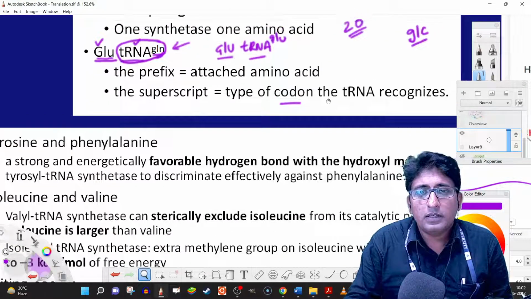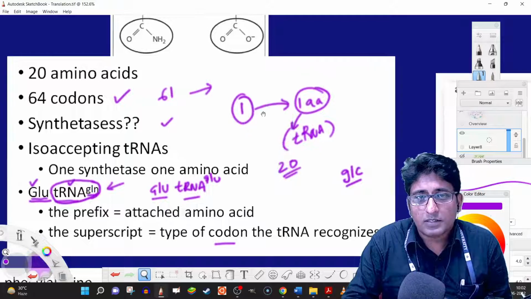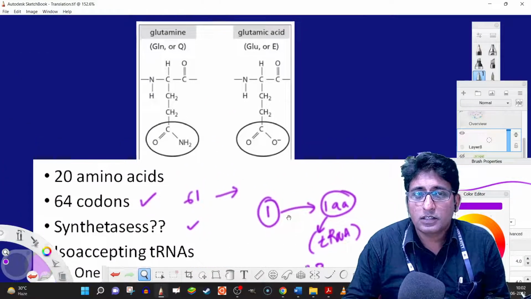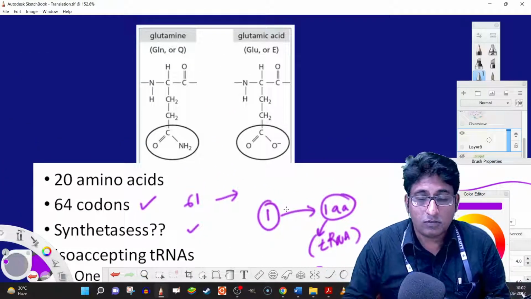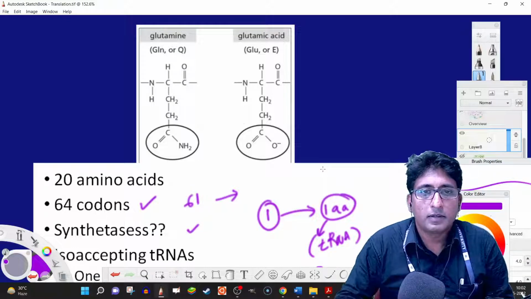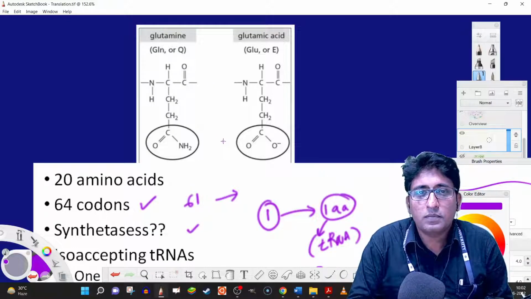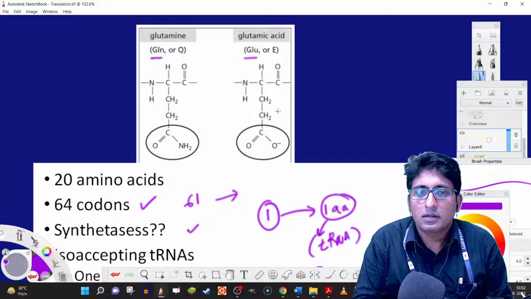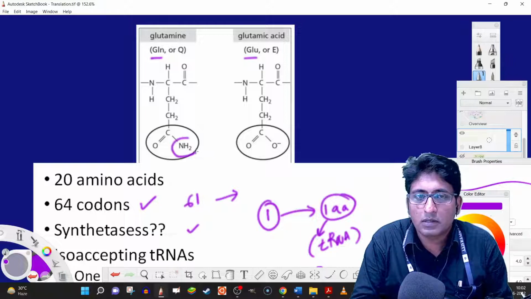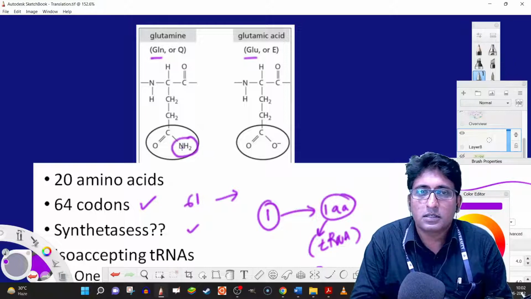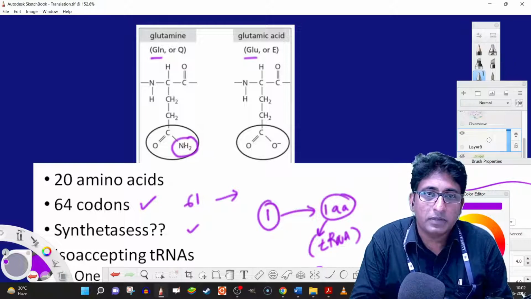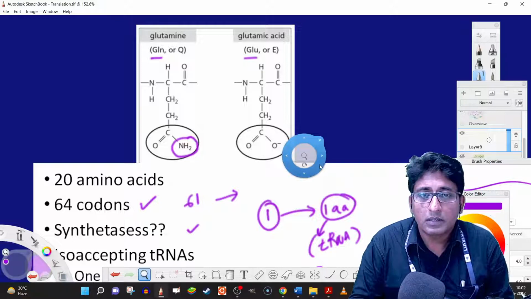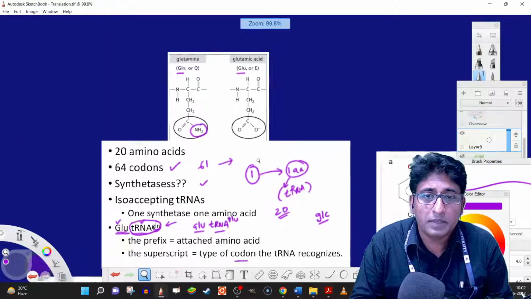So the tRNA synthetase has a serious degree of specificity it has to have, which would mean that it should be able to differentiate between glutamine and glutamic acid. The difference just being this additional amino group that is present in the glutamine, and yet they can be distinguished.